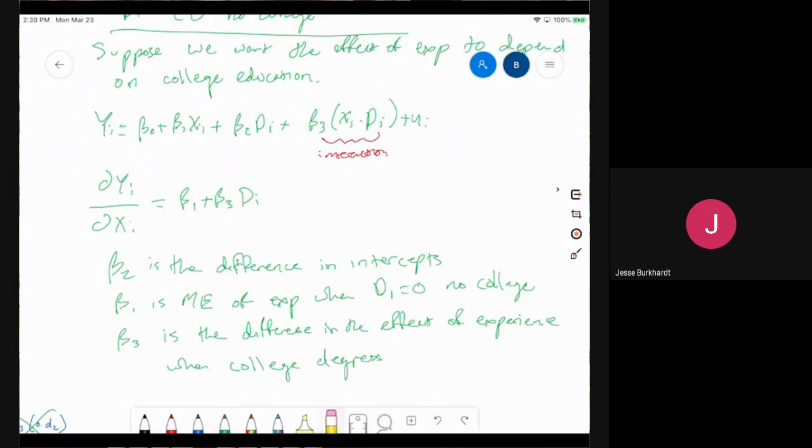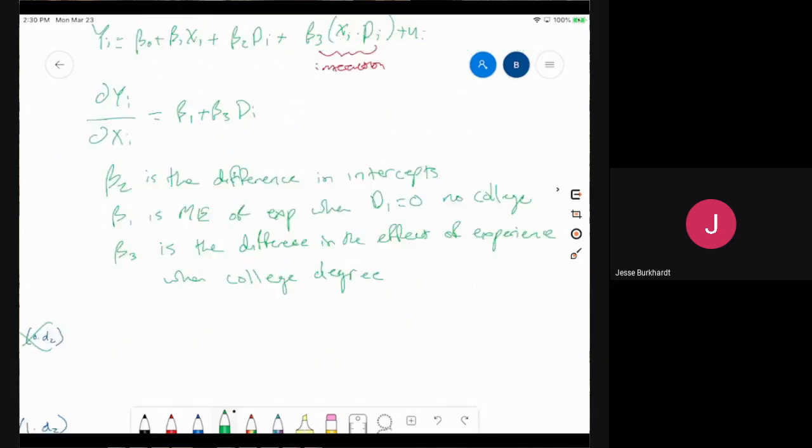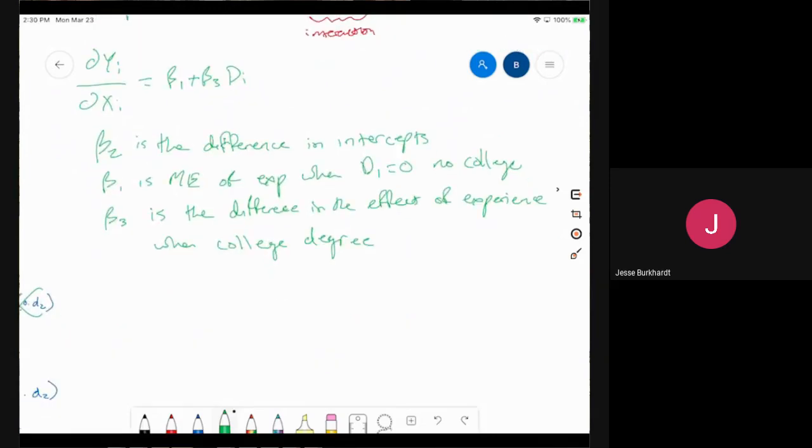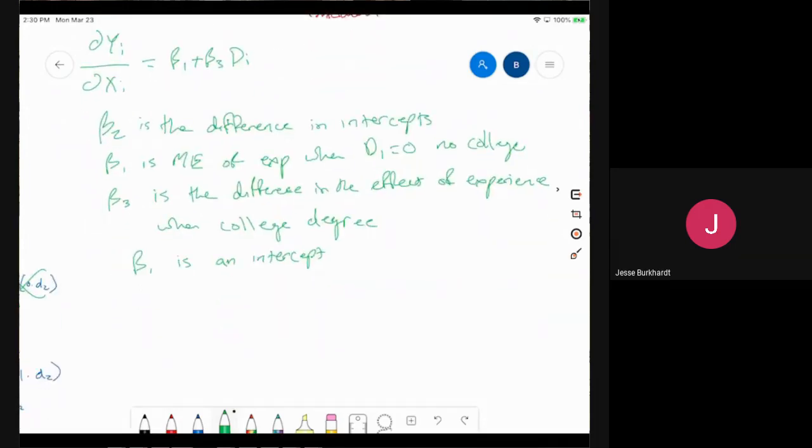So beta 2 is an intercept shifter, and beta 3 is a slope shifter.